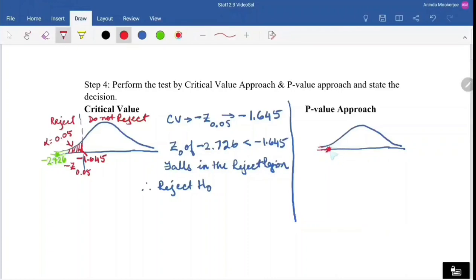Let's say it's somewhere here, and it's negative 2.726. Now, because it's a left-tailed test, the p-value is going to be the area to the left of negative 2.726. All right, so this area is going to be the p-value.